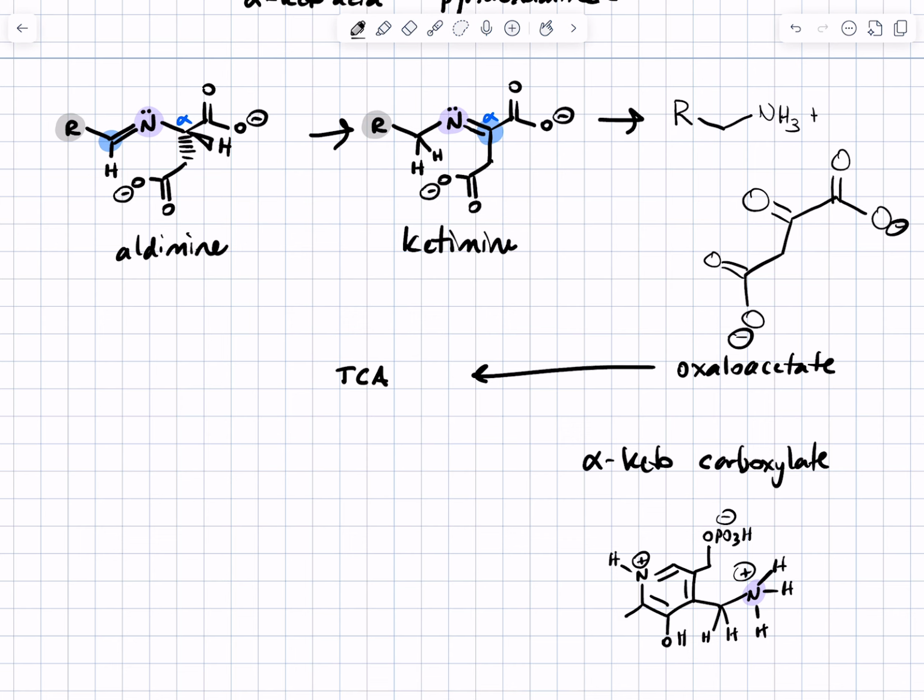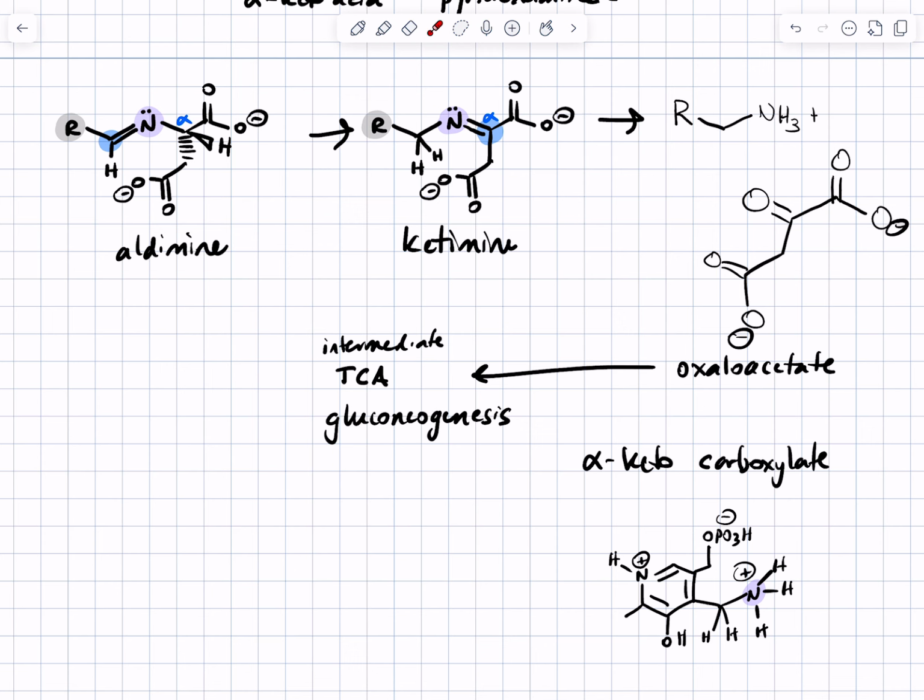Now, that can be used for gluconeogenesis, but because this just takes the place of oxaloacetate in the citric acid cycle, it doesn't really get broken down or oxidized any more than that, because the citric acid cycle itself exists to oxidize acetyl-CoA.